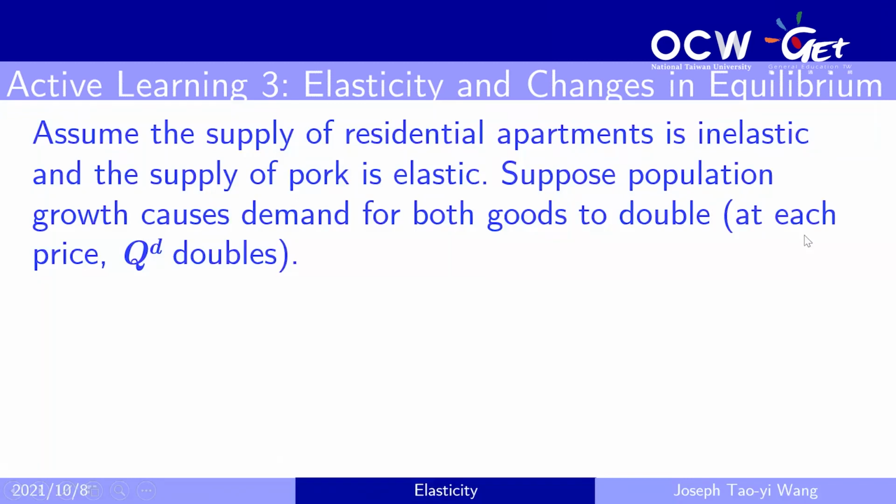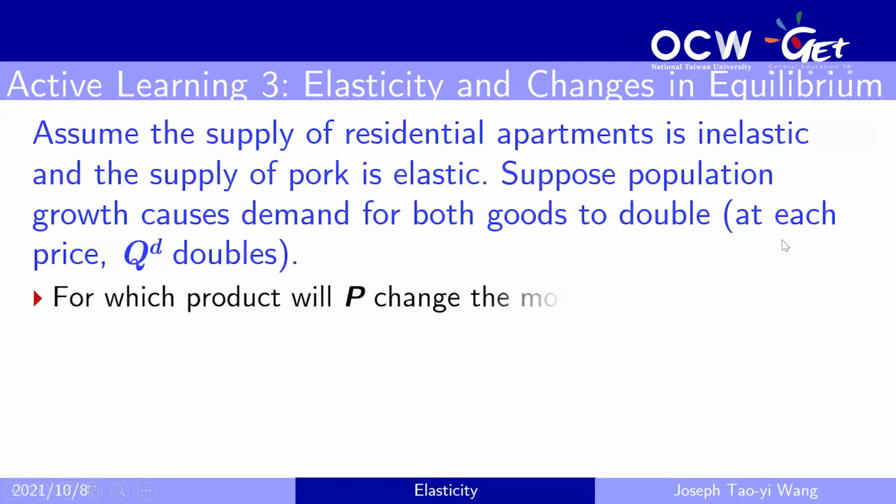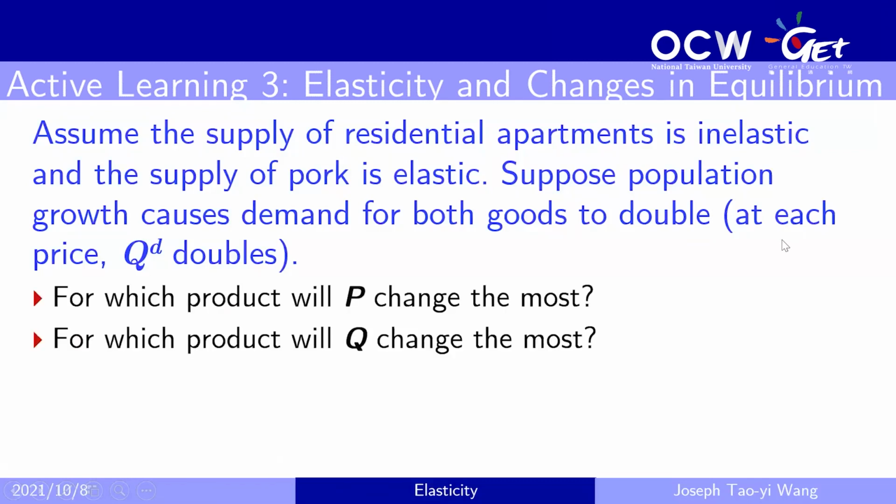So suppose population growth causes demand for both goods to double. That means that at each price, quantity demanded is doubled. Which product would have the largest price change? Which product will quantity change the most?